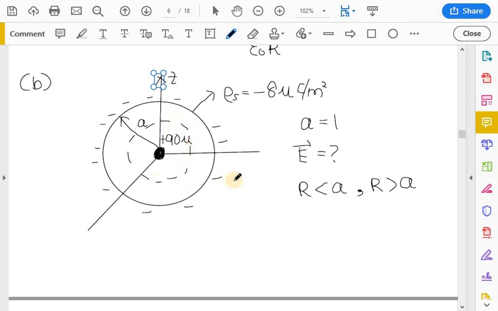This one is my Gaussian surface. This is a positive charge.